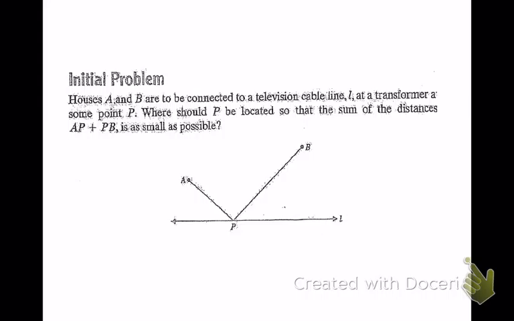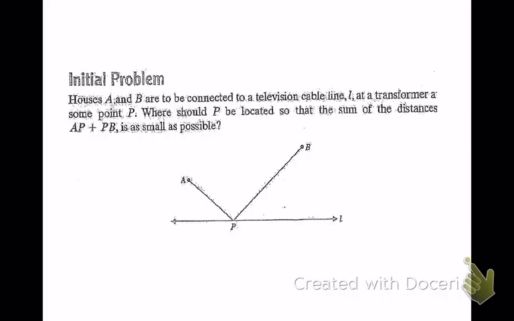So here's the initial problem. Houses A and B are connected to a television cable line L at a transformer at some point P. Where should P be located so that the sum of the distances AP plus PB is as small as possible?